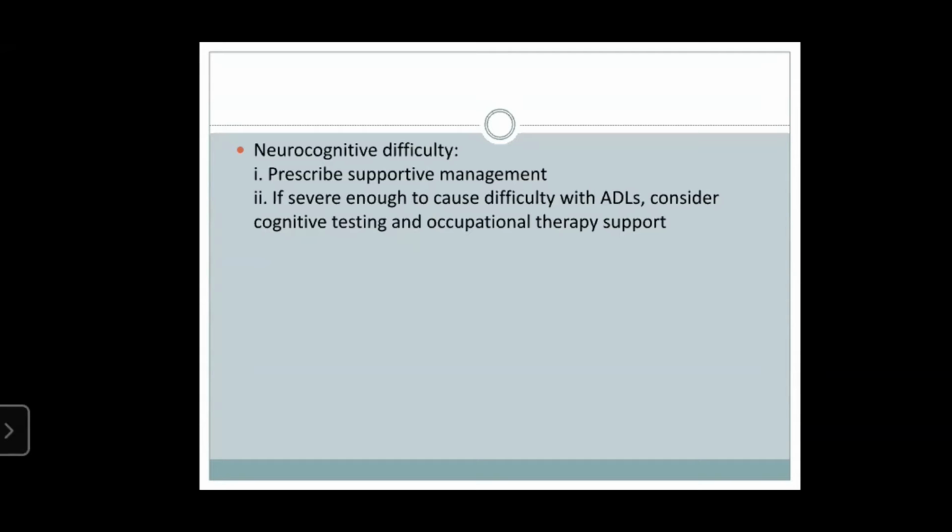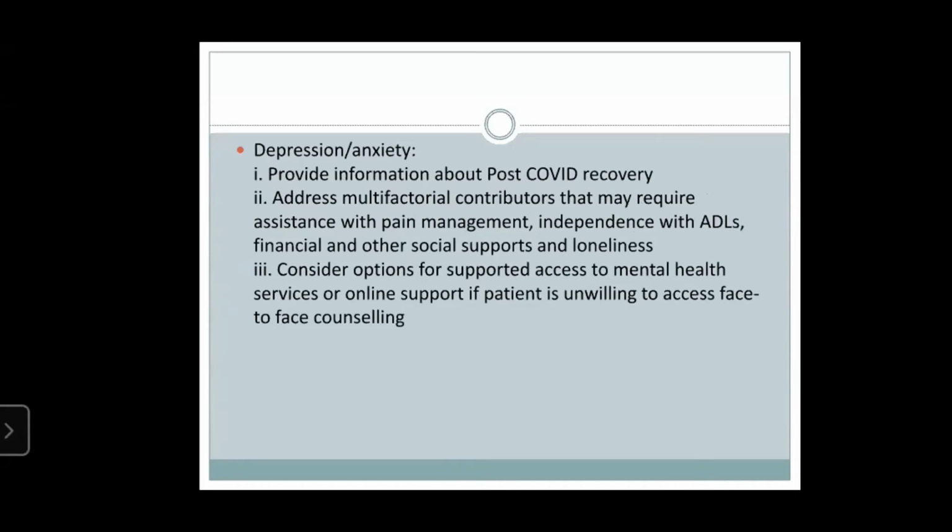So we can prescribe supportive management and teach the patient. However, if needed, we may refer them to the psychiatric team or to primary care for further investigation and follow-up. Please also consider options for supported access to mental health services or online support if the patient is unwilling to access face-to-face counselling.